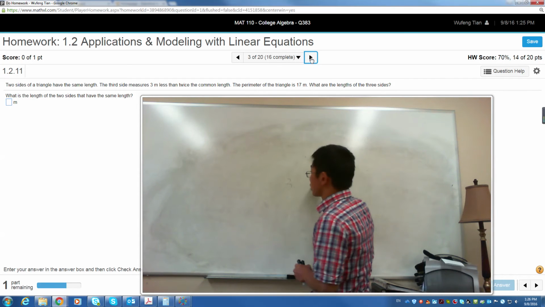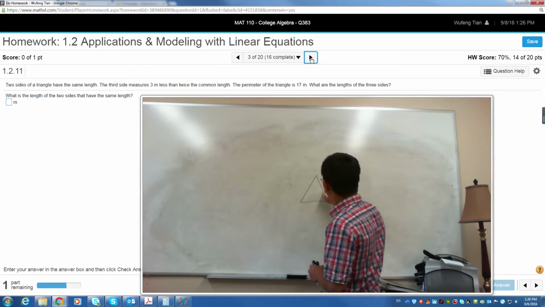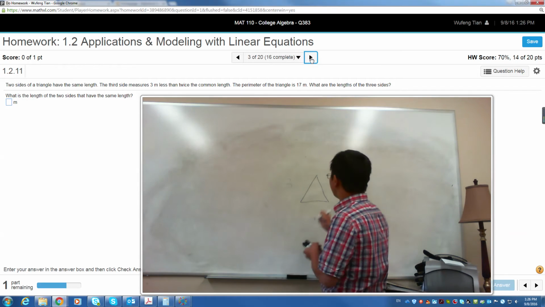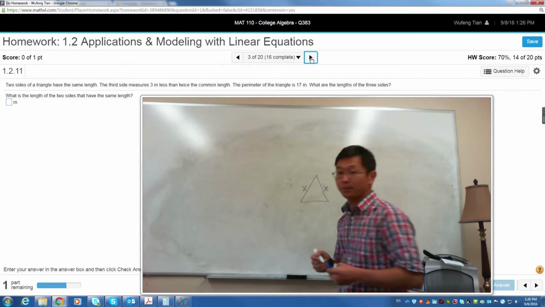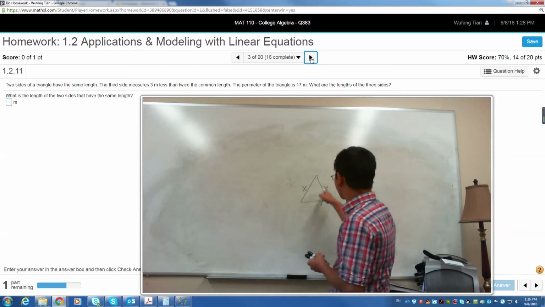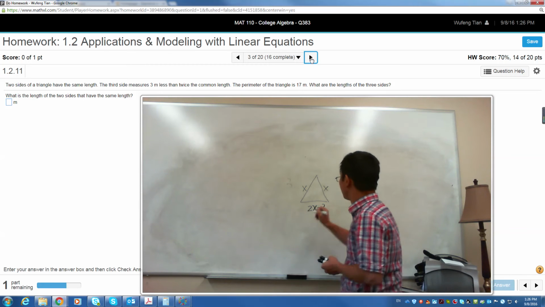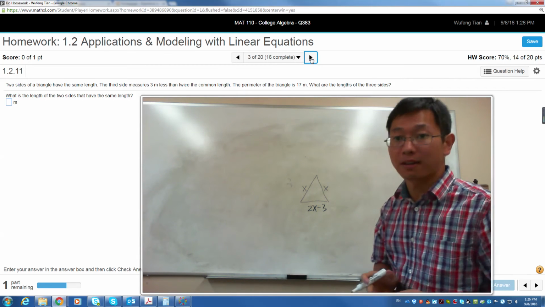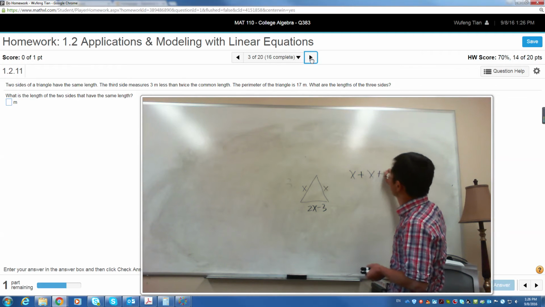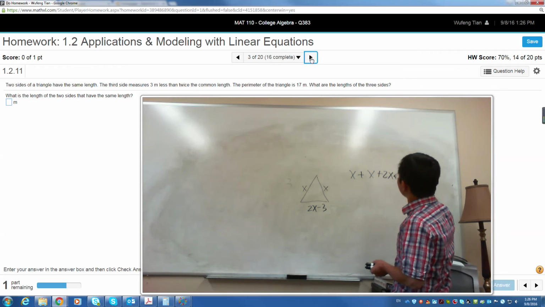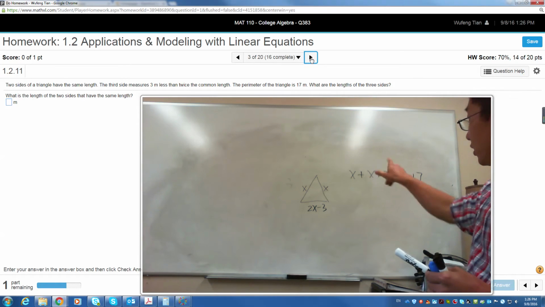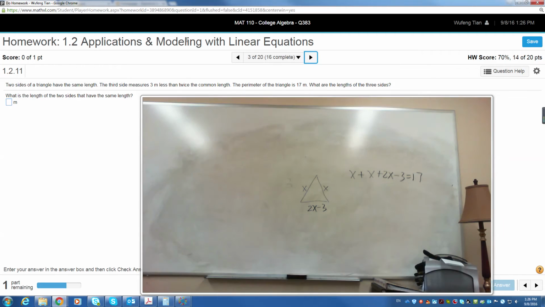So basically we have a triangle. These 2 are the same, so x and x. The third is 3 less than twice the common length, so it's 2x minus 3. The perimeter is 17, so you add all 3 together equals 17: x plus x plus 2x minus 3 equals 17. You solve for x and you find the sides.